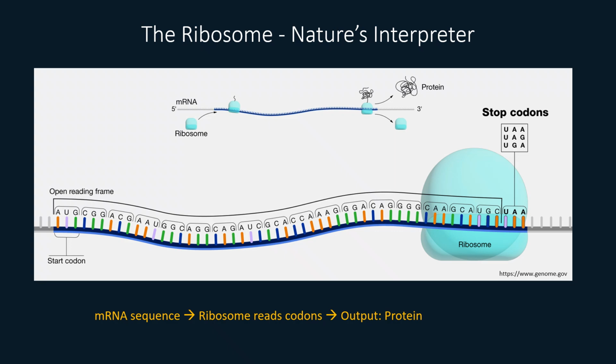There are 64 possible triplets, but only 20 amino acids, so there is redundancy. Some triplets are stop signals, so they terminate translation. We will discuss this much more when we discuss mRNA design. So you just need to have a basic idea right now.